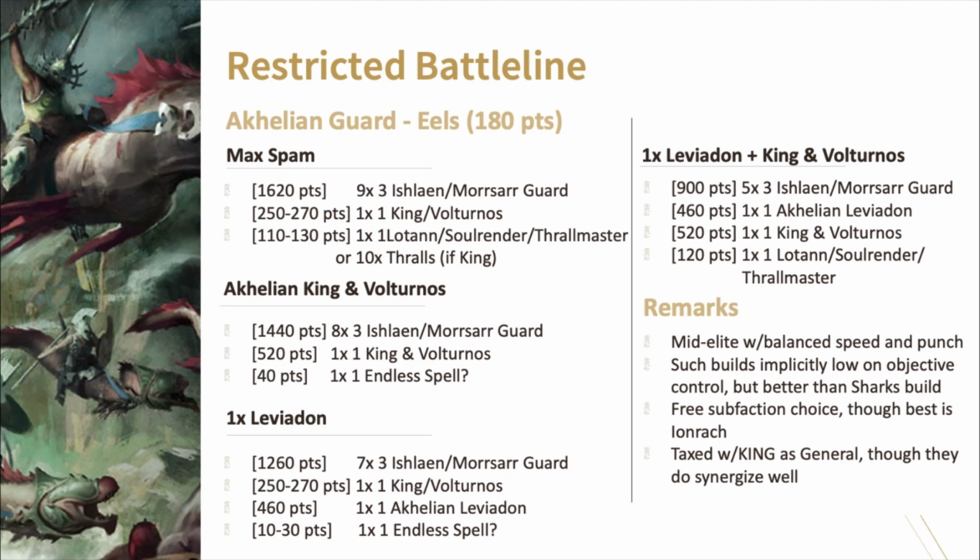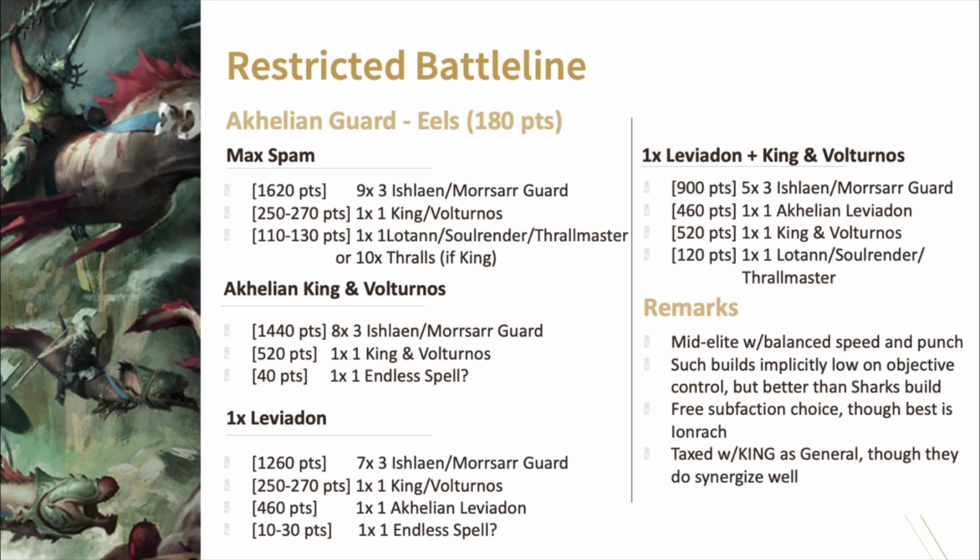But such builds are implicitly low on objective control, but better than Shark's build, and you still have a free sub-faction choice as opposed to the Sharks, though it's probably best in Iron Rock, which has a heroic action that lets you essentially, for Achillean units, or an Achillean unit, be affected by High Tide or Ebb Tide at the same time, which is giving you run and charge or retreat and charge.